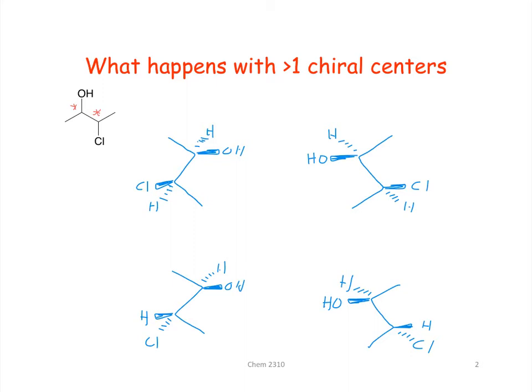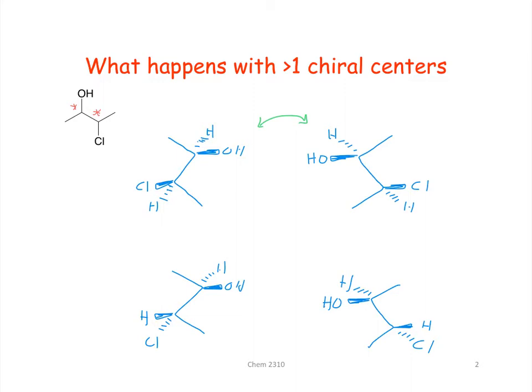3-chloro-2-butanol. Now what we want to do is figure out what's the relationship between all of these different structures. Let's start up here. What's the relationship between these 2 molecules?